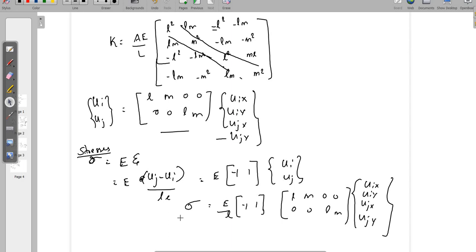That's all about the derivation of the displacement, stress and stiffness equations for the truss element having inclined coordinates. If you have horizontal or vertical coordinates, simply substitute AE by L times 1 minus 1, minus 1 1 for the stiffness matrix. If you have some inclination, you have to find the angle to substitute in the transformed stiffness matrix. We will do a problem on this truss as well as the beam member in two-dimensional analysis.